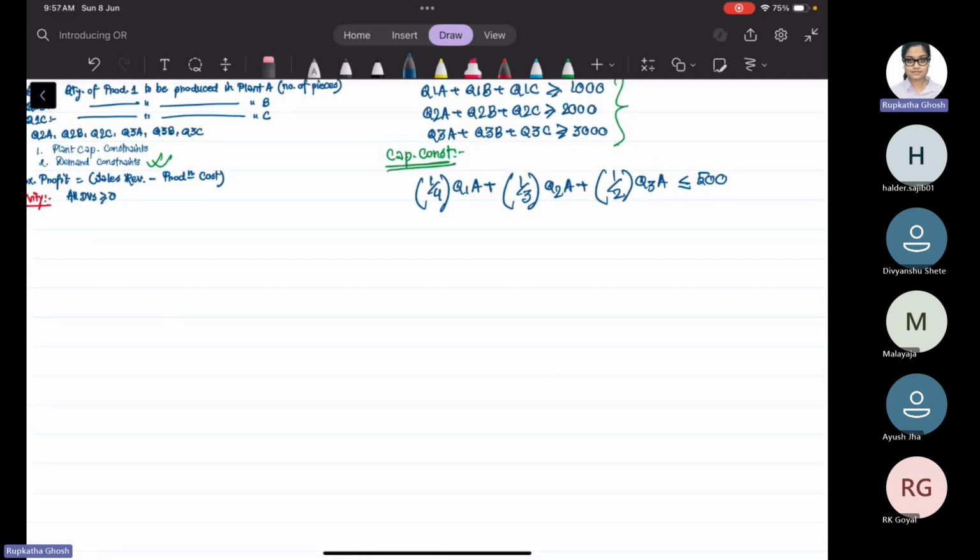So plant B, how will you write? The coefficients will be 1 by 6, 1 by 4, 1 by 3, and on the right-hand side, it will be less than or equal to 800.